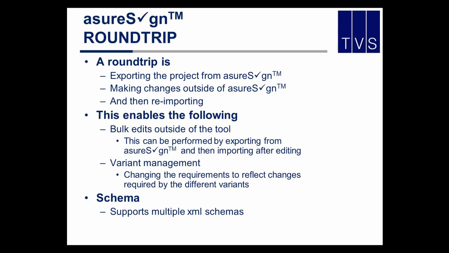So you can export it, and then you can have an editing tool, and it just makes it easier than having to go through each particular one if you want to do a multiple change. It also allows variant management. This is an issue that we are hitting more and more with the more products that we have running alongside each other. So if we change, we're changing the requirements as we go across different variants.